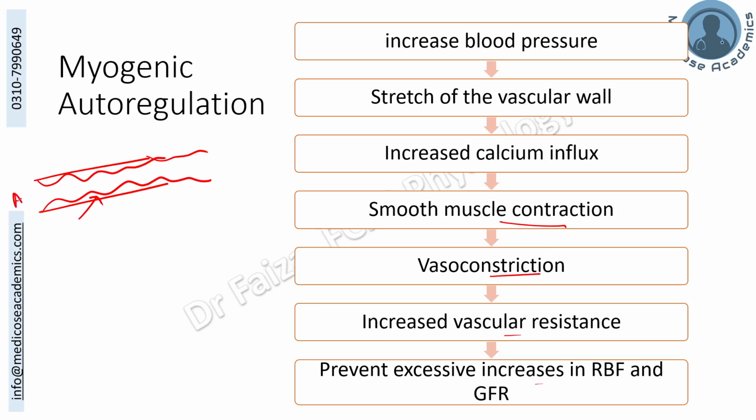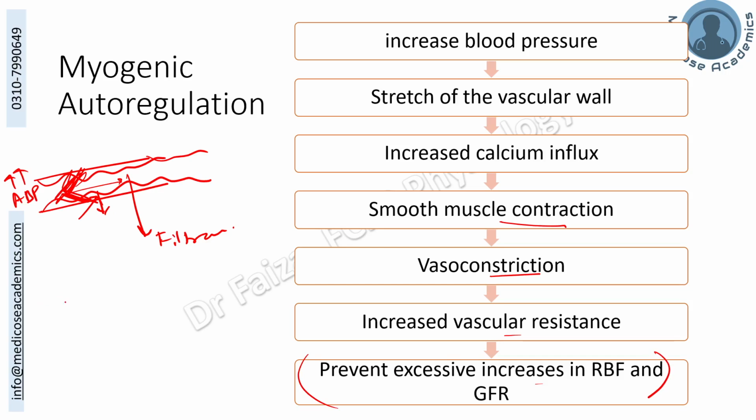Otherwise, what would happen if there is increased arterial blood pressure? Too much blood flowing into the glomerular capillaries would have caused too much filtration. But because of this myogenic mechanism, when blood pressure was too high, the smooth muscles got constricted, and there was vasoconstriction, less blood entering into the glomerular capillaries, less filtration, and prevention of excessive change in the GFR as well as the renal blood flow.